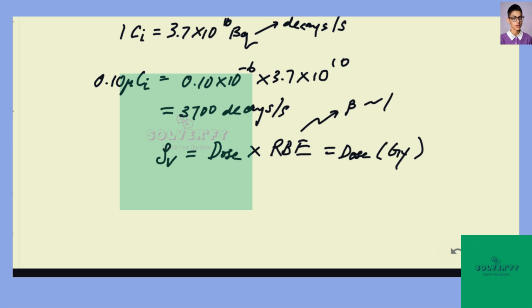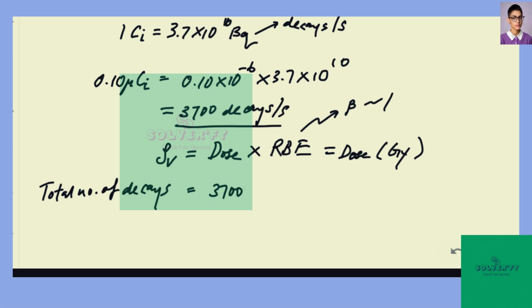Now assuming that the activity is constant throughout the year, so that the number of decays per second is constant throughout the year, we can find the total number of decays in a year.